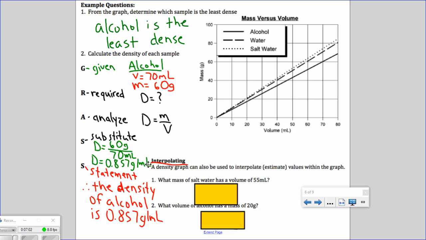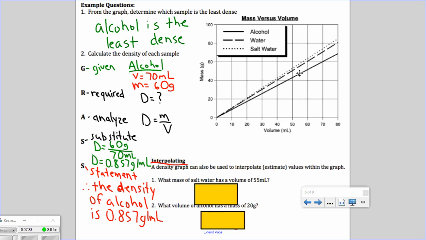We can also interpolate data from our graph here. A density graph can also be used to estimate or interpolate values within the graph. The first question asks, what mass of salt water has a volume of 55 milliliters? If we come to our graph and find the line for salt water, we can find a volume of 55 milliliters.